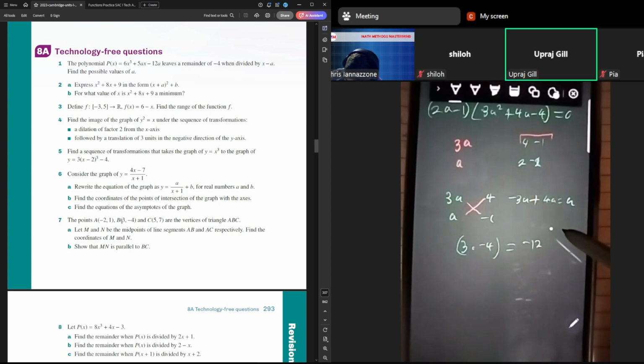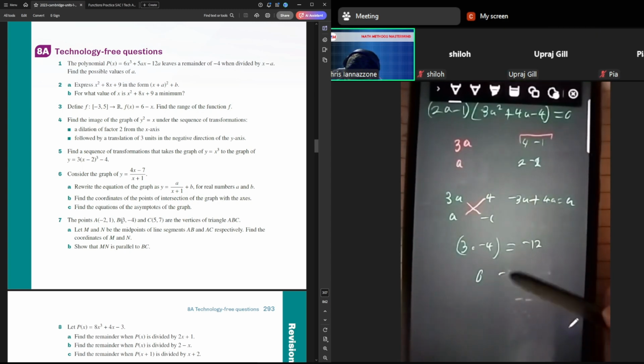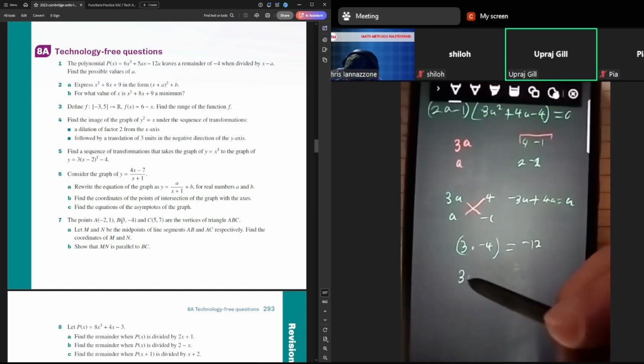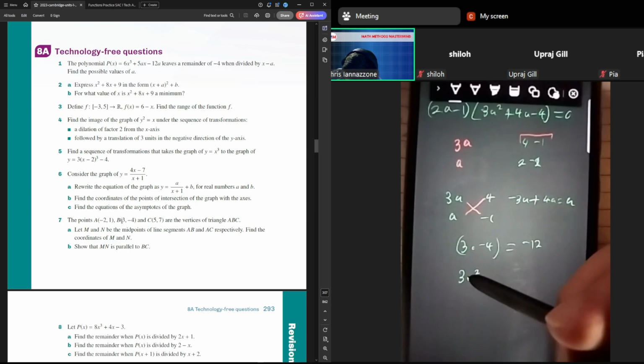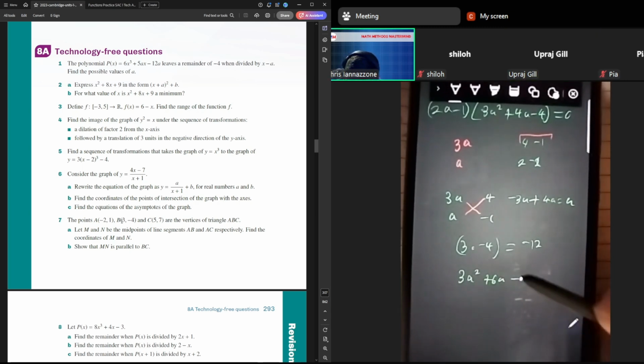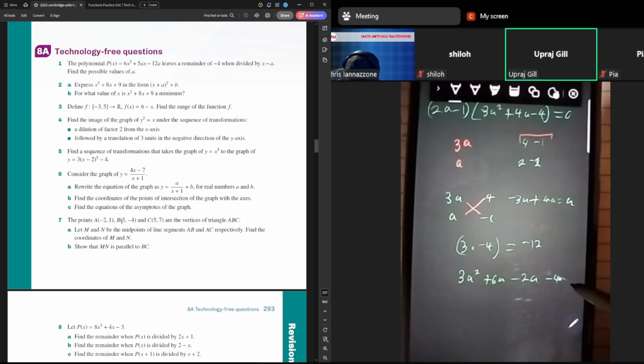So that's 6 and -2. Okay. And then you put them next to the two pre-existing terms. So you get 3a squared plus 6a minus 2a minus 4. And then you factorize using grouping.